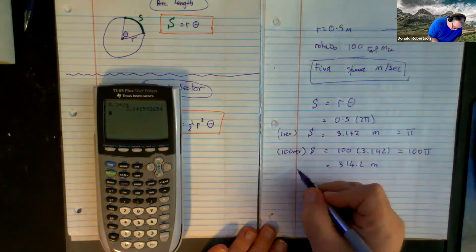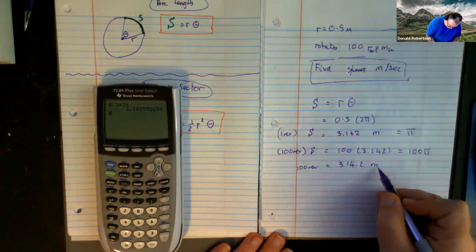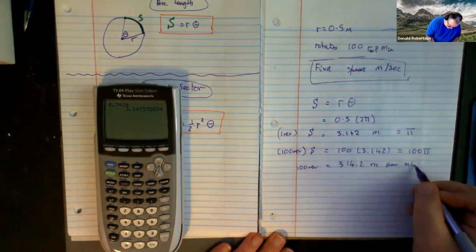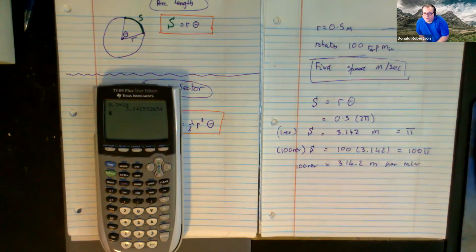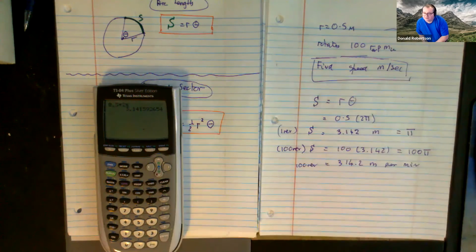And so this is what 100 revolutions look like. So it covers that distance, right? Per minute. And you might have typed that in, and WebAssign would have said you are wrong, because don't they want the speed per second?